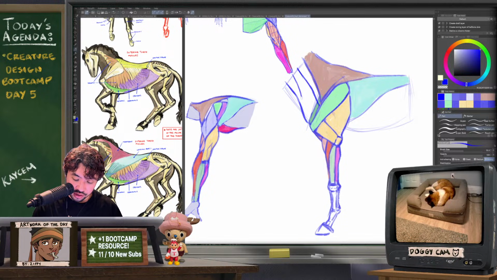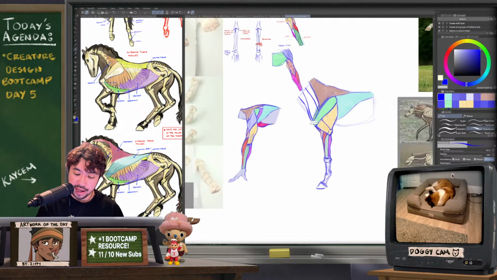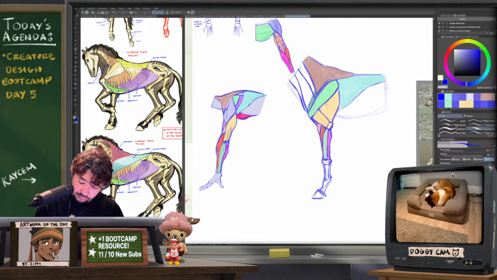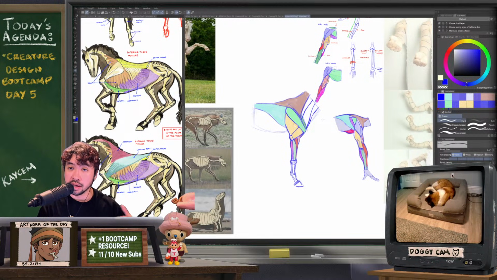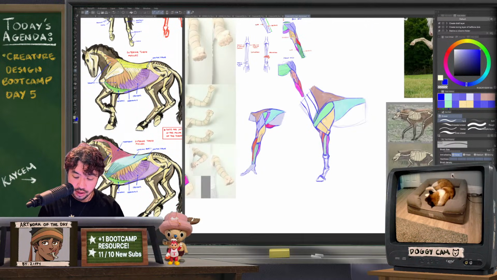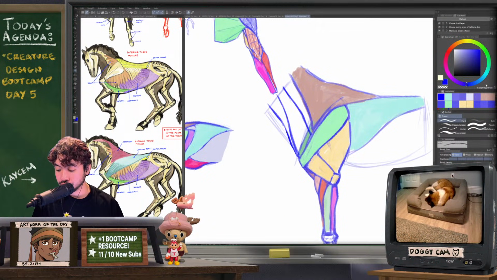These muscles actually connect all the way to the head, to the skull, and essentially support the movement of the neck, but also support the structure of the shoulder there.